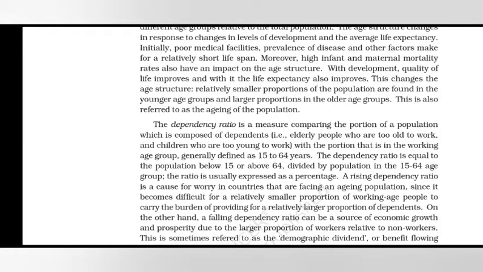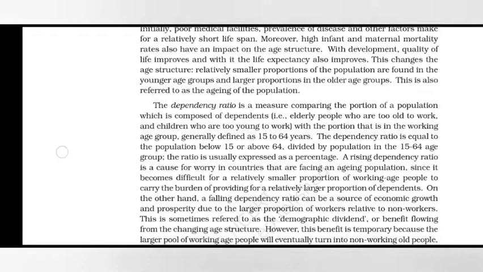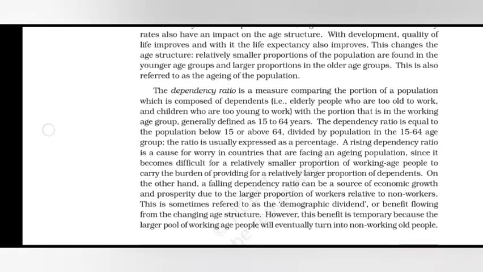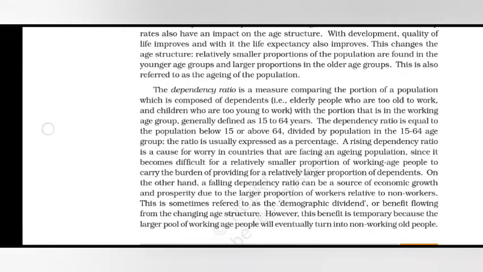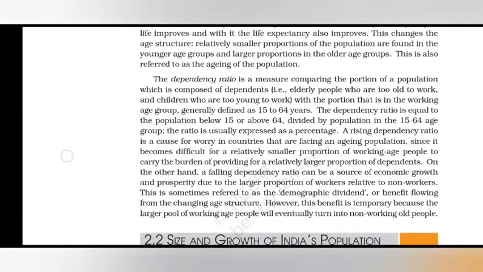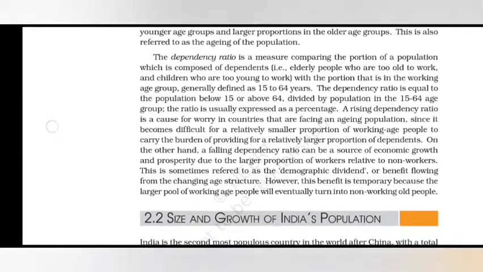Moreover, high infant and maternal mortality rates also have an impact on the age structure. With development, quality of life improves, and with it, the life expectancy also improves. This changes the age structure. Relatively small proportions of the population are found in the younger age groups and larger proportions in the older age groups. This is also referred to as the aging of the population.